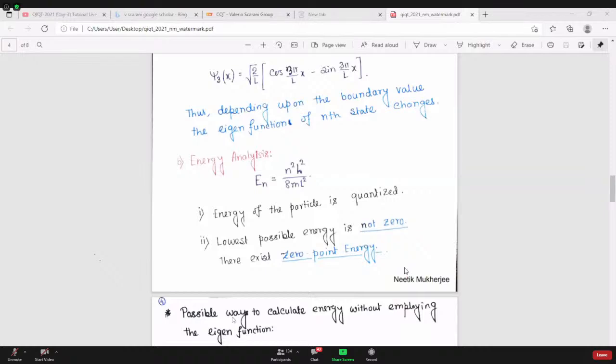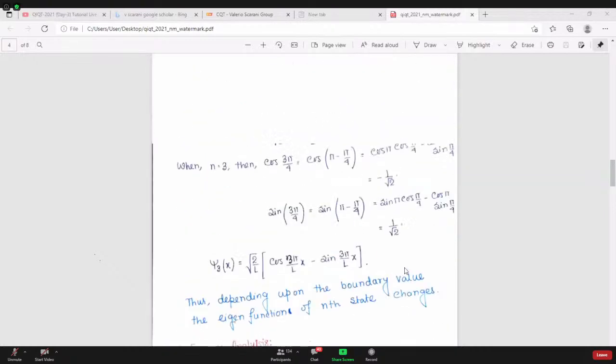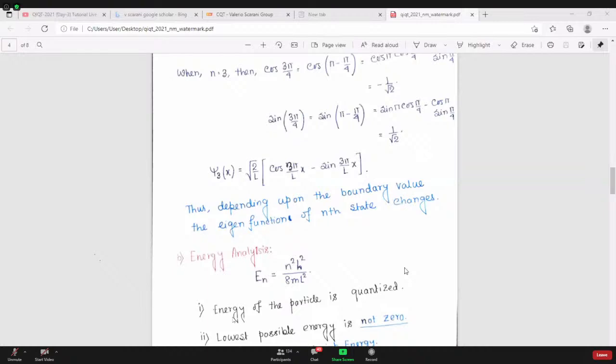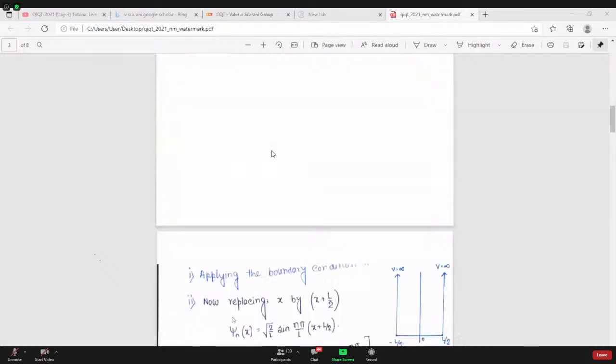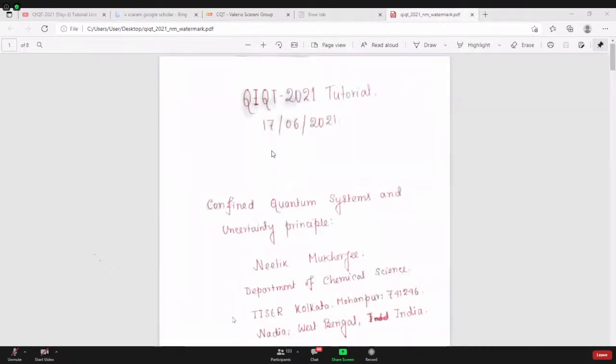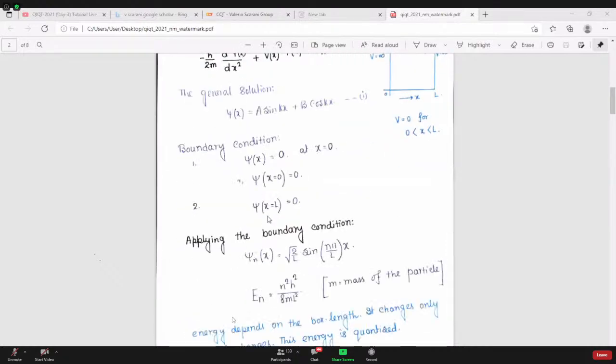So she wanted me to use the properties of the wave function. Okay, then actually she asked you to apply that boundary condition. Yes, this one. This part: your sin at x equal to 2L equal to 0.